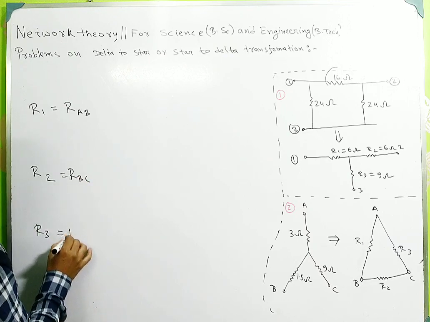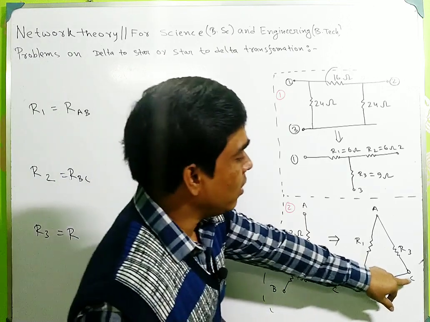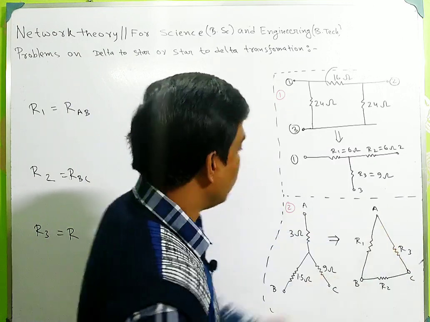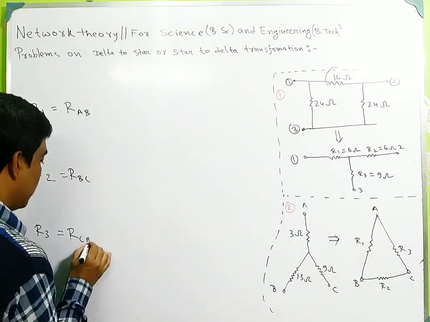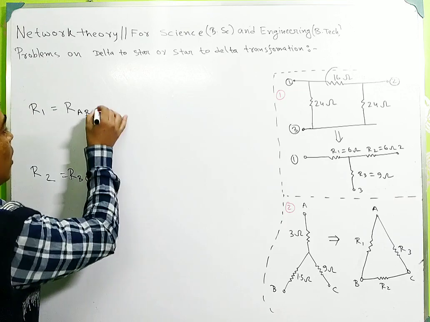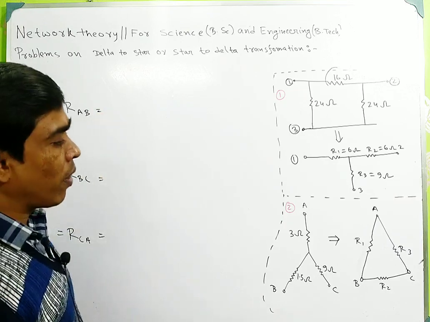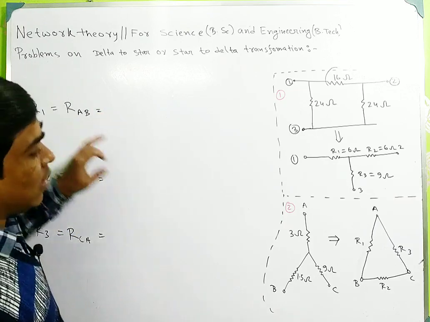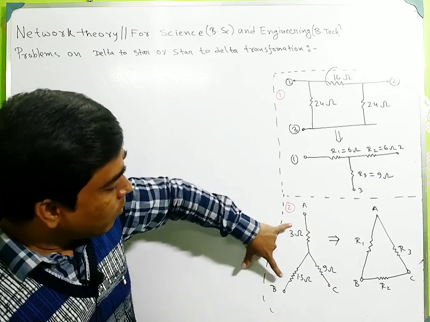And R3 is the resistance between nodes C and A, so this is CA. So how to calculate this? This is RAB.